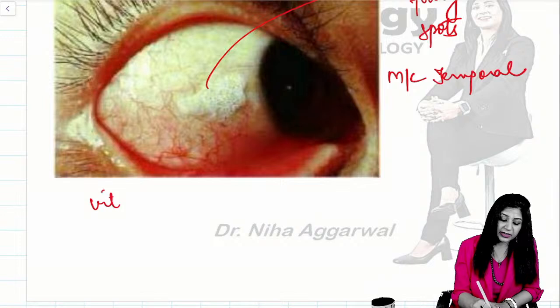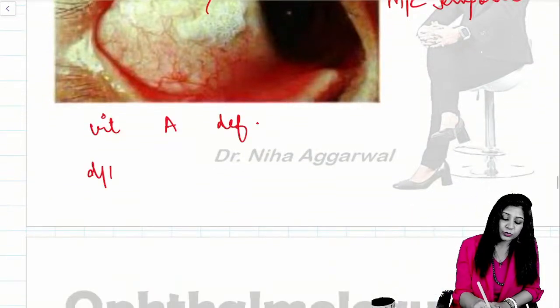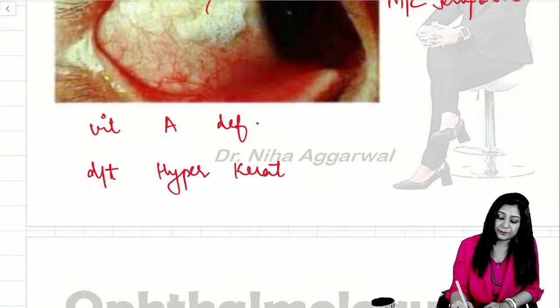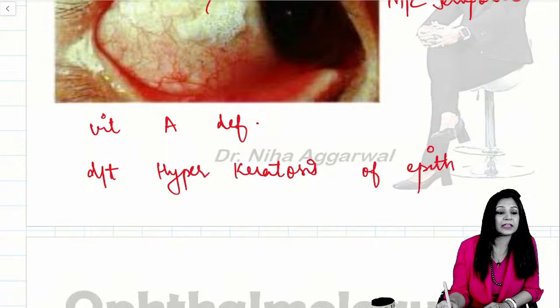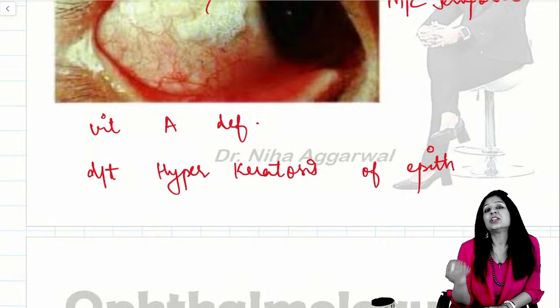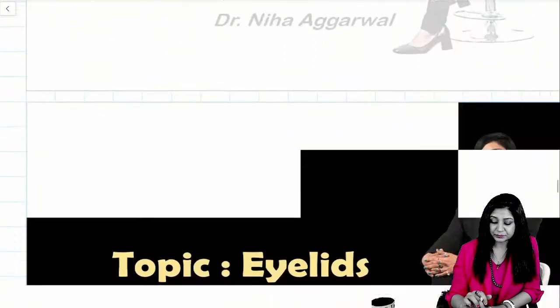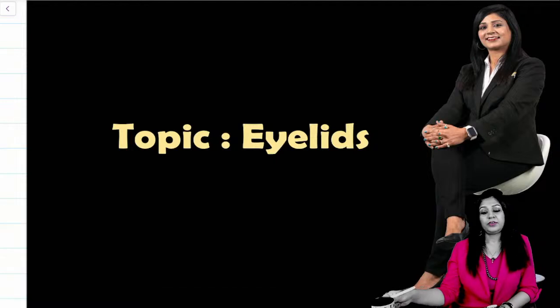Found in vitamin A deficiency, due to the hyperkeratosis of the epithelium. Normally the epithelium is non-keratinized. When the epithelium changes from non-keratinized to keratinized, this will lead to the white dot spots. Right?